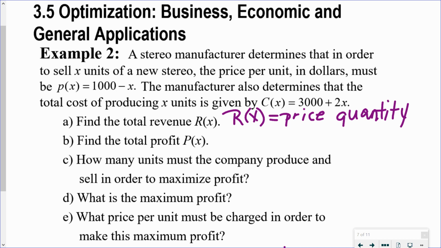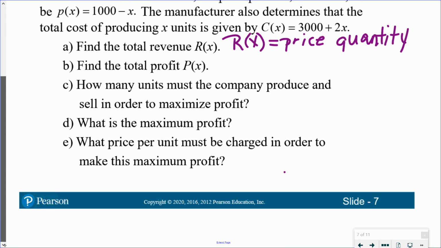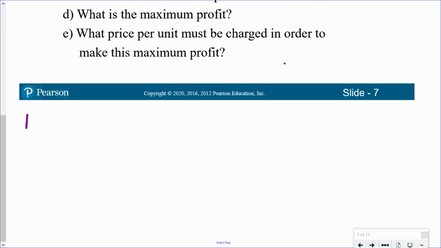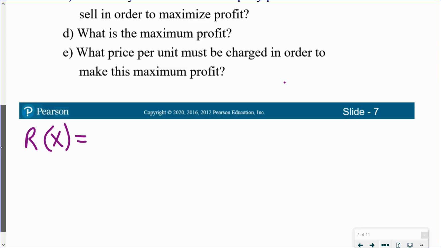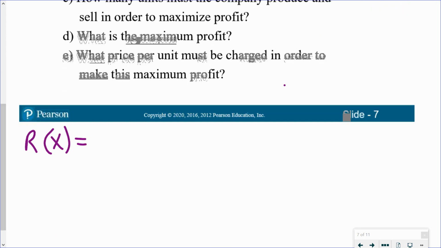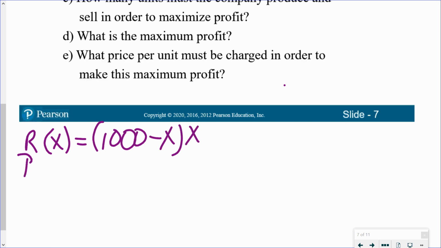So for this one, R of X equals 1,000 minus X, and our quantity is X. So R of X equals 1,000X minus X squared.